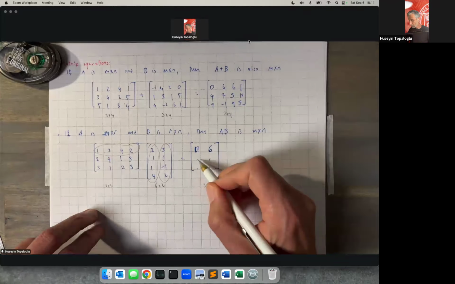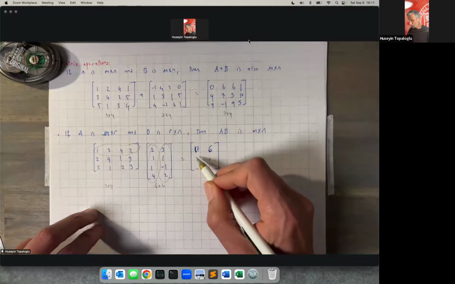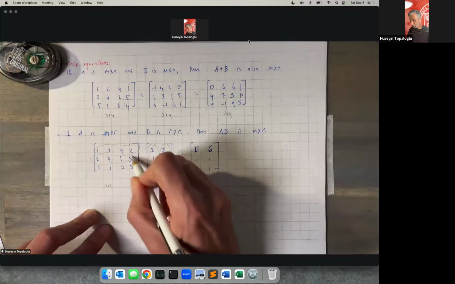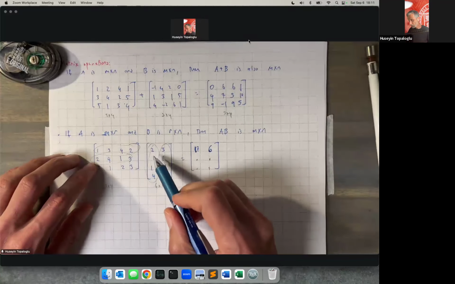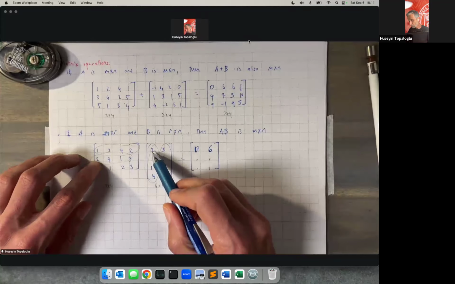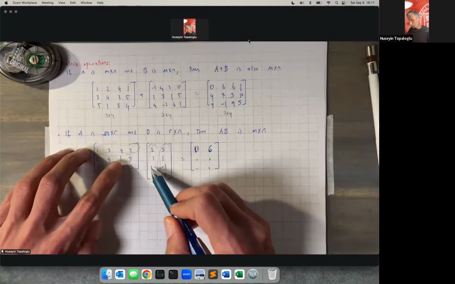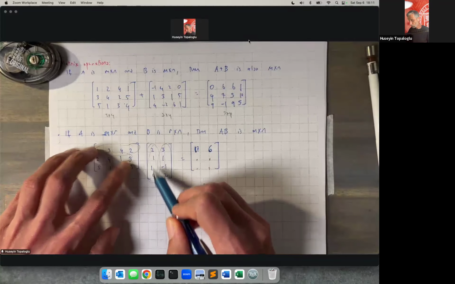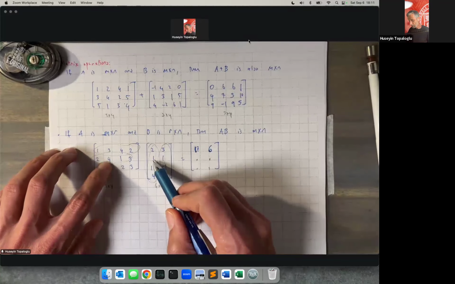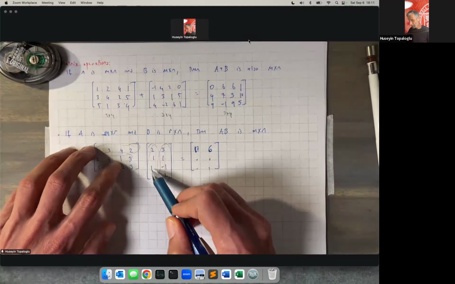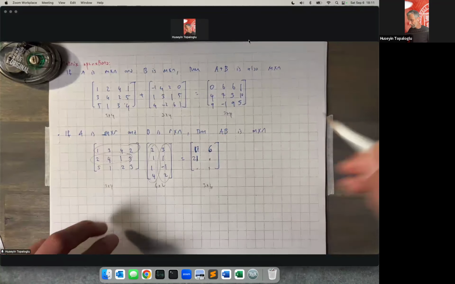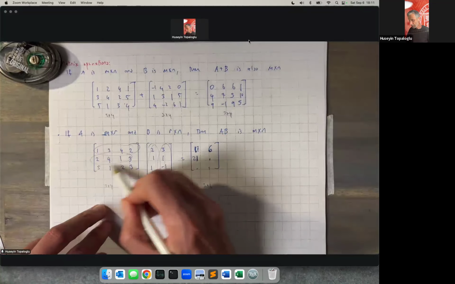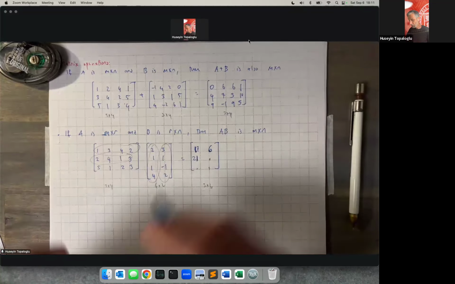Let's keep going. So now I'm looking at the entry that is in row 2, column 1, row 2 here, column 1 here. Multiply corresponding entries and add them up. 2 times 2, that's a 4, plus another 4, plus another 1, plus another 12. 4 plus 4 is 8, another 1 is 9, plus another 12, that's 21. Entry in second row, second column, second row here, second column here.